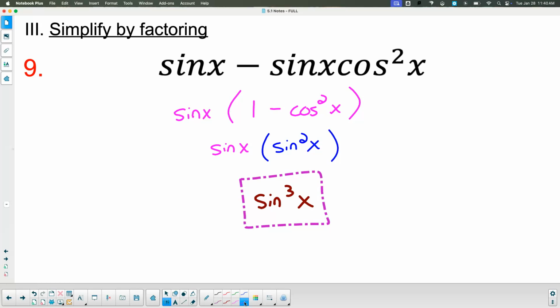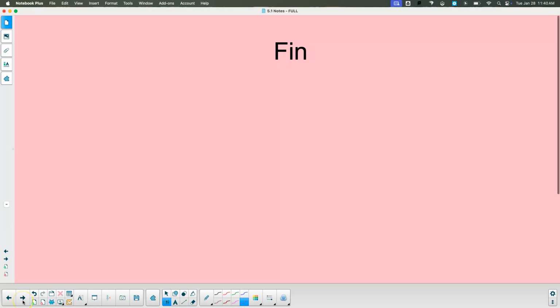As of right now, you can do numbers 1 through 12, with the exception of 5 and 6.